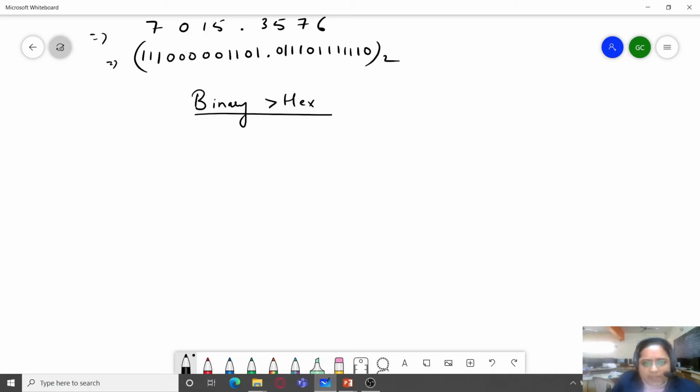Now every hexadecimal digit corresponds to 4 binary digits, as we will be seeing here.